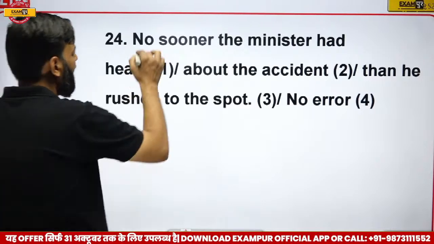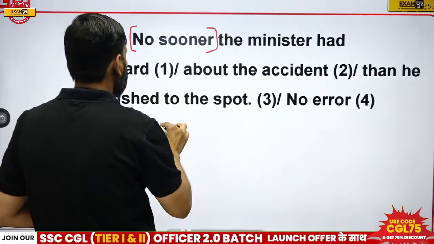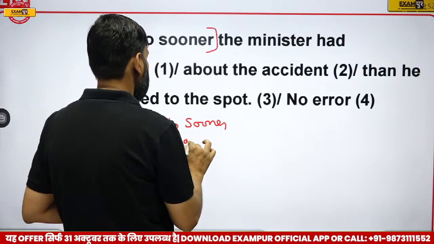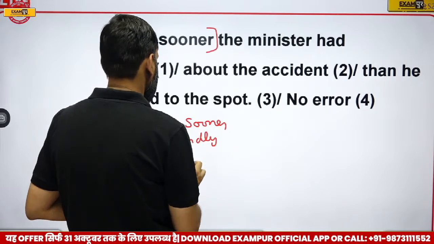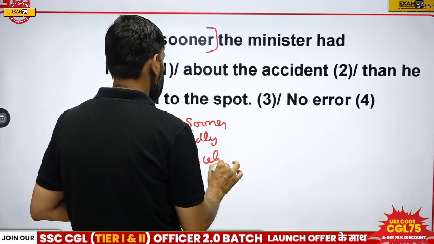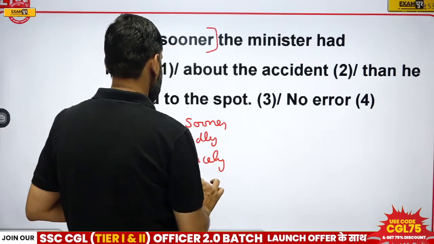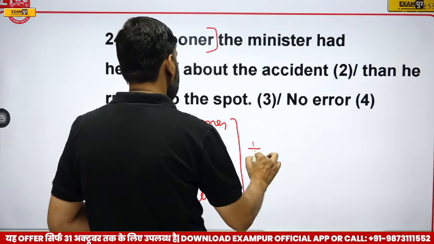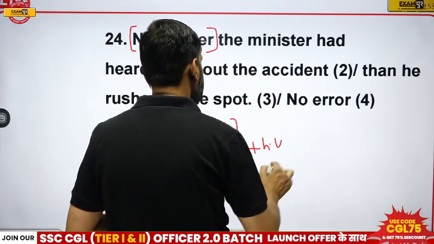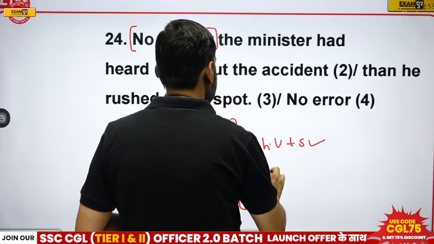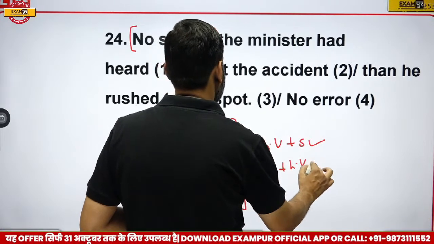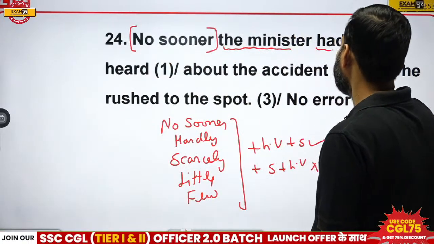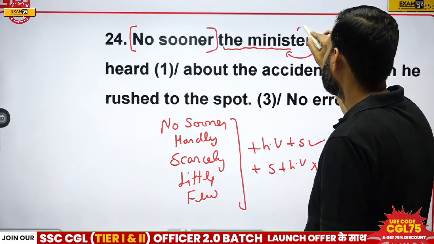See, I have just told you that no sooner, or hardly, or scarcely, or little, or few, these words are always followed by a helping verb, not the subject. So here after no sooner, the subject and helping verb should be shuffled.